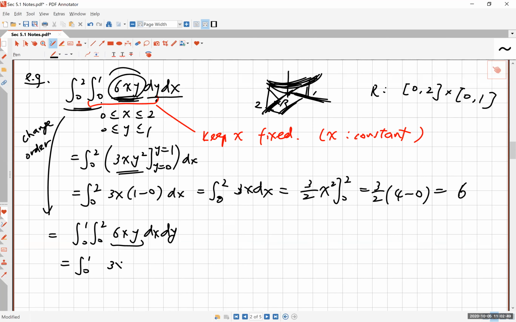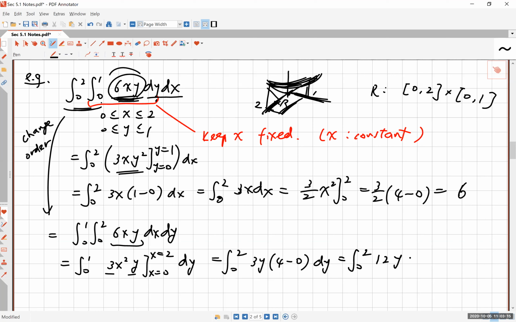Well, this becomes 3x squared, and then y just comes along. And then x goes from 0 to 2. Remember, x is the one that goes in here. So 3y is still constant, and x squared goes from 0 to 4. And this is what you get: it is 12y dy as y goes from 0 to 2.